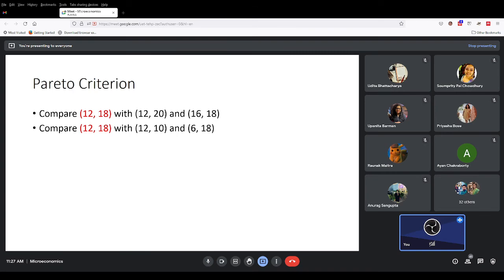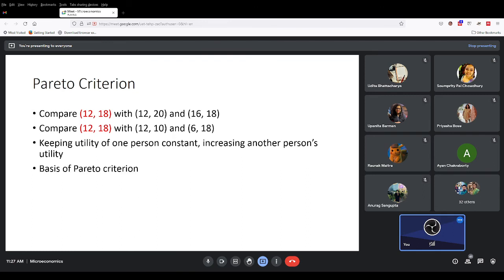One person's utility is remaining same, the other person's utility is going down. Right? So Pareto argued that if you keep the utility of one person constant and increase the utility of the other person, then this is a Pareto superior. The second equilibrium is Pareto superior.